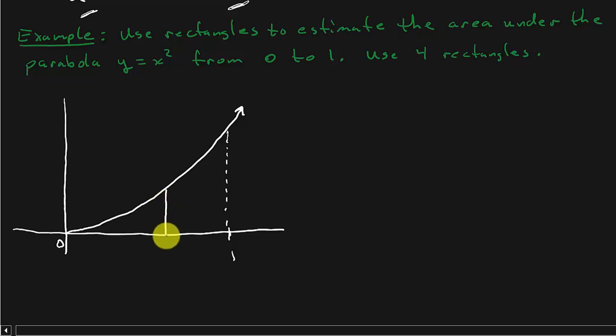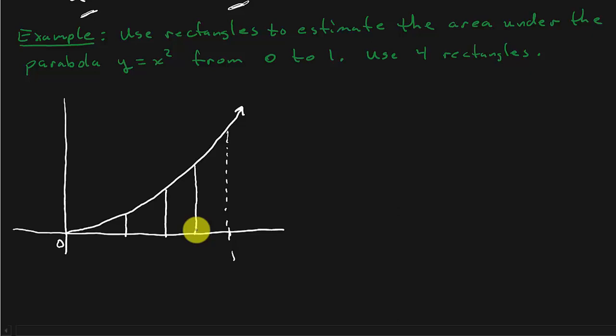So let's draw those in. And I know they don't look the same. They're all supposed to be the same width, okay? Now, we're going to do this 2 different ways. We're going to do it using right endpoints, and we're going to do it using left endpoints.